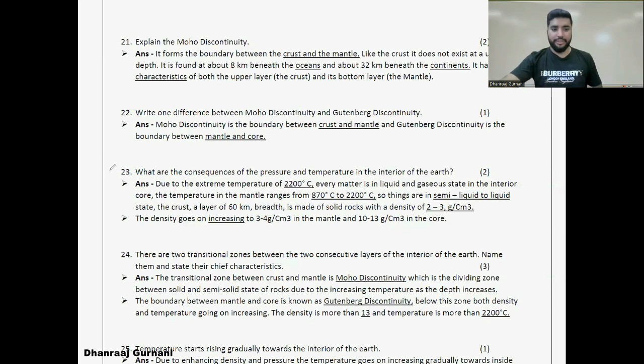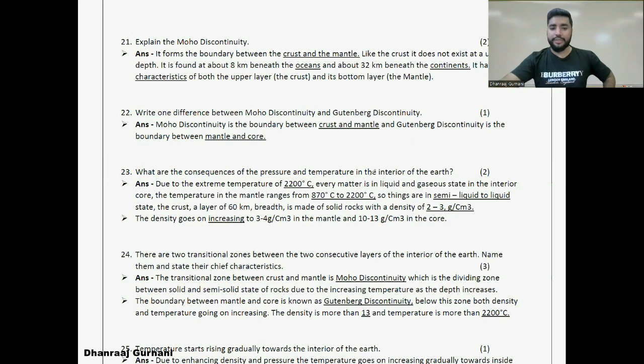Moving to question 23. What are the consequences of the pressure and temperature in the interiors of the Earth? What is the pressure? What is the temperature? These have a few figures, so you'll have to learn them.